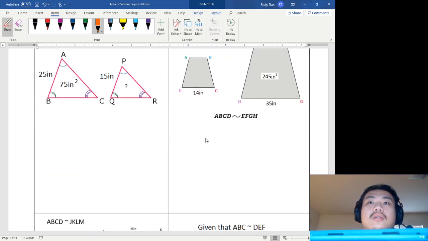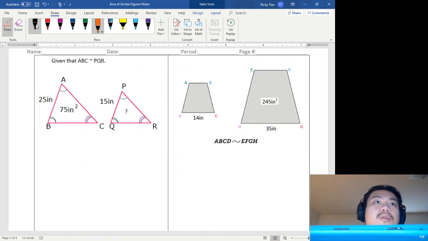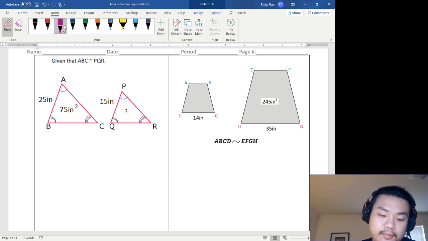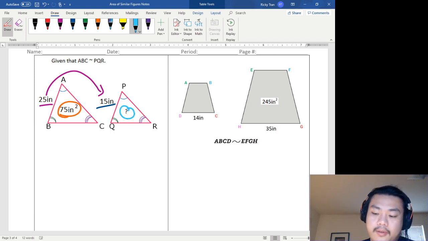All right. So let's do the next question. All right, we got 25 going to 15, with our area being this, looking for this. Okay, so big to small.